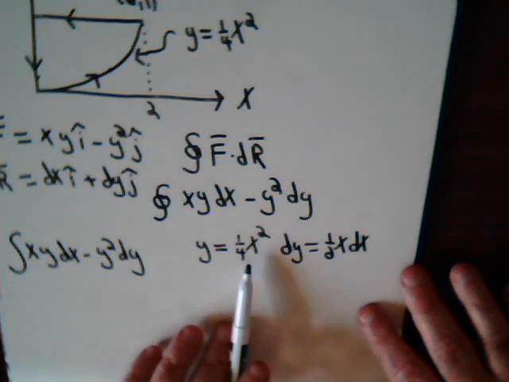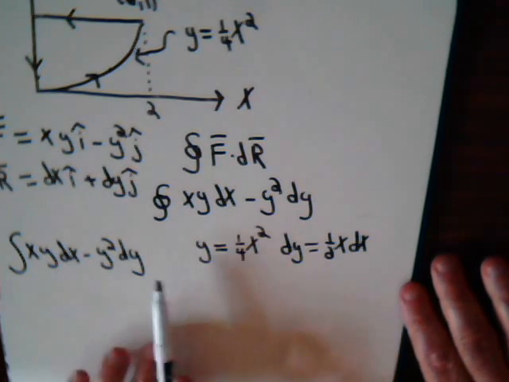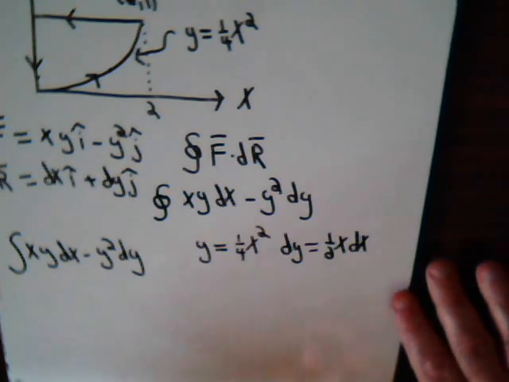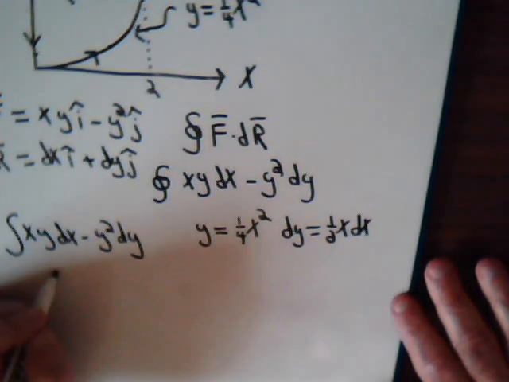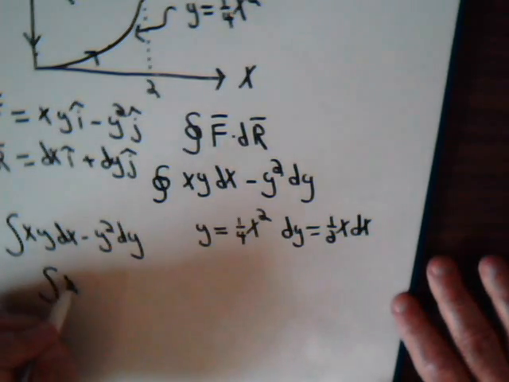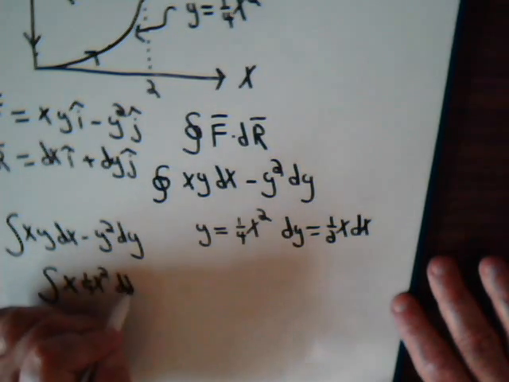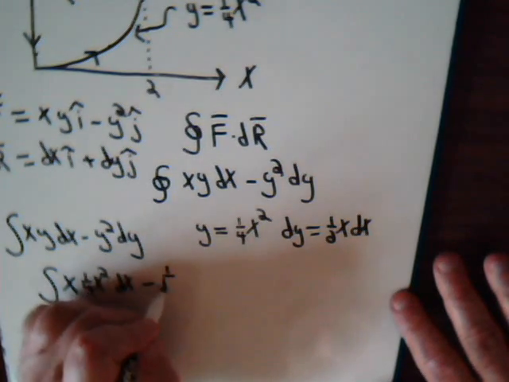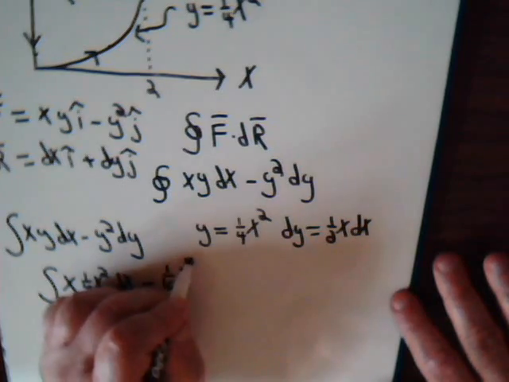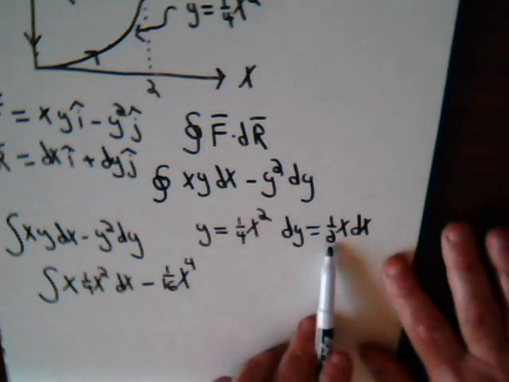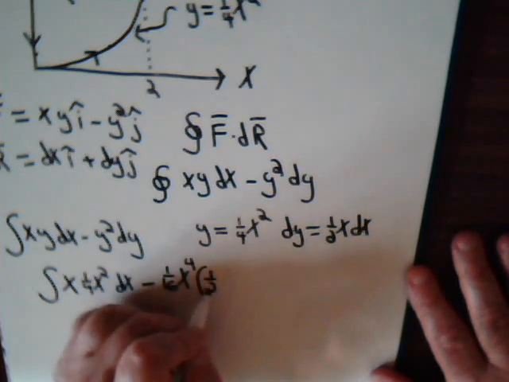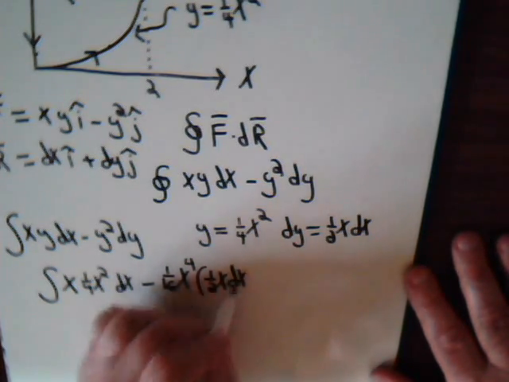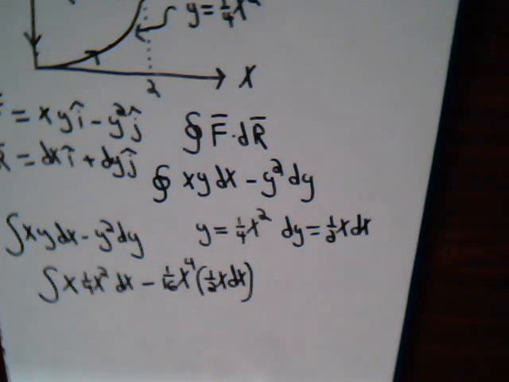So substituting y and y squared with this expression and dy here, the integral becomes like this. I have an integral of x times 1/4 x squared dx minus, and for this squared, that's 1/16 x to the 4th. dy is this, 1/2 x dx.